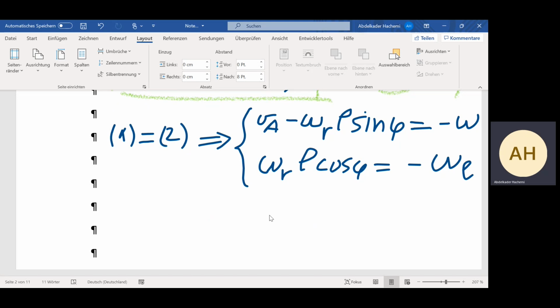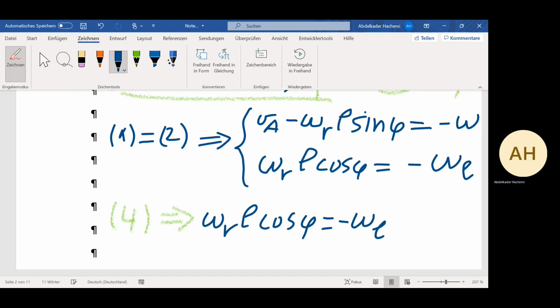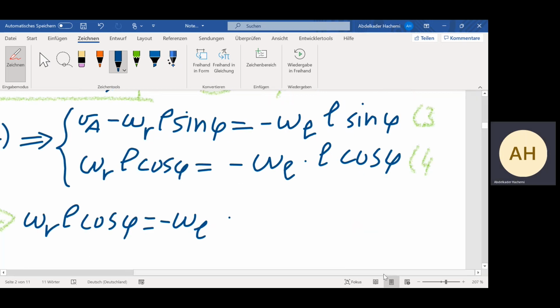Now from the fourth one, we get omega r L cosine phi equal to minus omega L cosine phi.